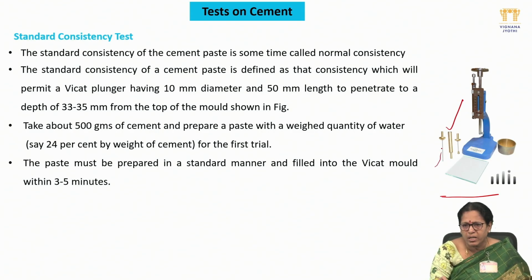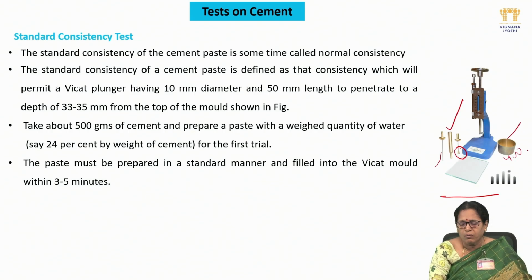This needle diameter is 1 mm, and another needle with an annular ring at the end. And you will have a mold of 40 mm height. You will have this setup along with the Vicat apparatus to perform certain experiments on cement in the laboratory.